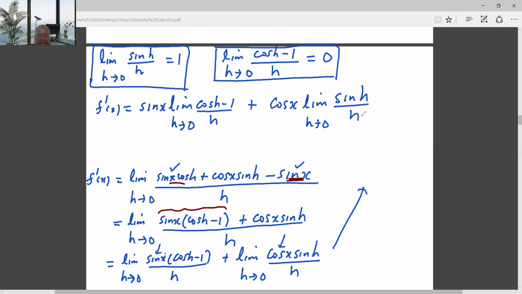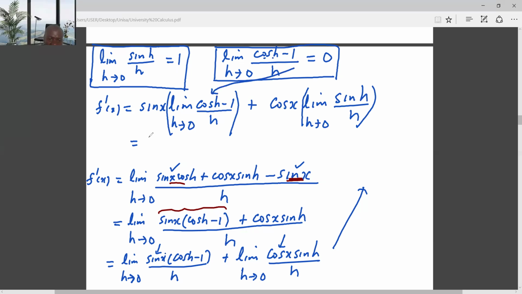Ladies and gentlemen, I believe you're following. But if you look at this part here, this one and this one, it's what we just proved: the limit of cos h minus 1 over h is 0, and this one is 1.